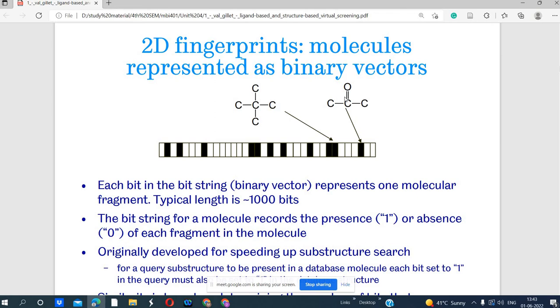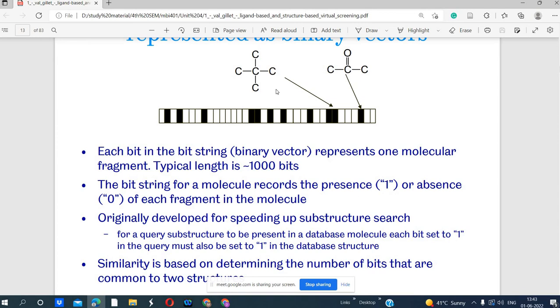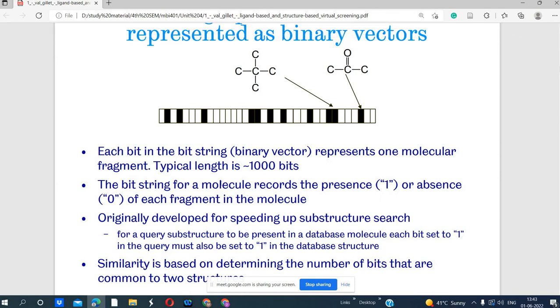How can we represent a chemical compound as a binary vector? So you can see here, we have these structures, and we can represent them like this. Here you can see each bit in the bit string. Bit means we save all this structure in the computer memory. How are we going to save it? So these structures will be represented as binary vectors.